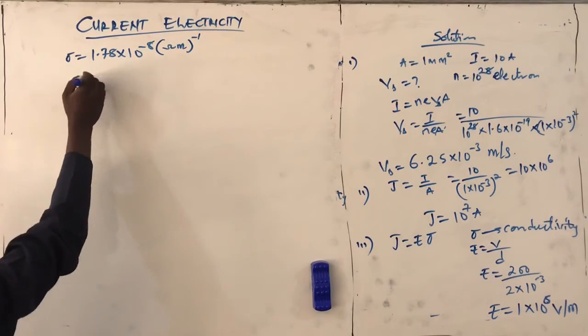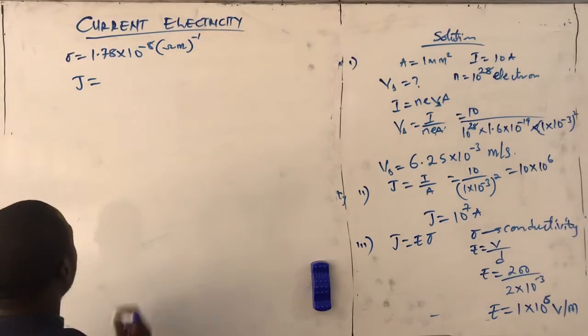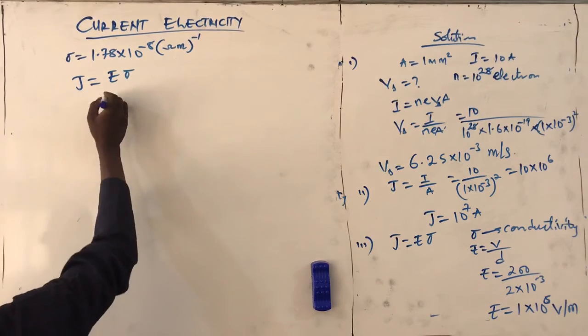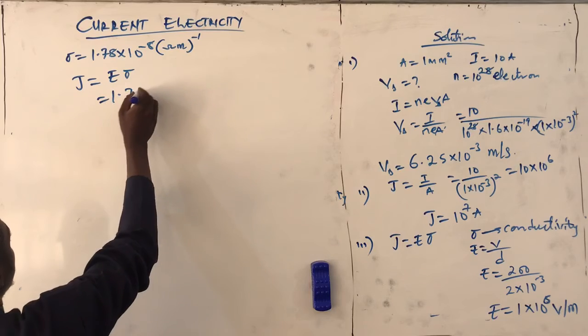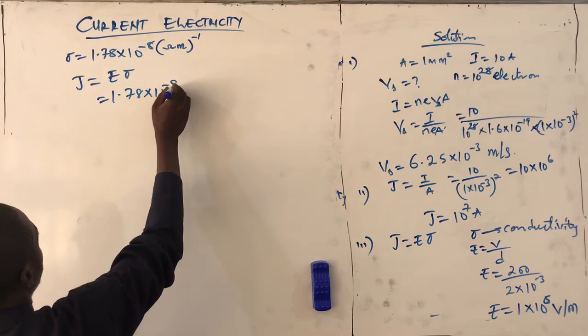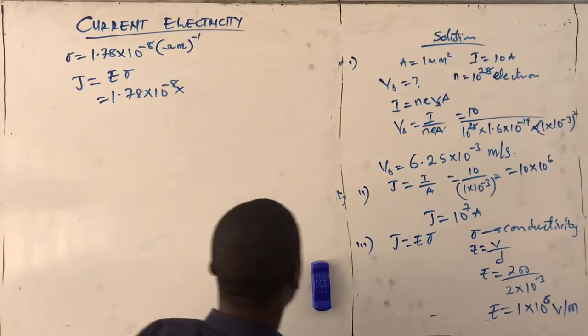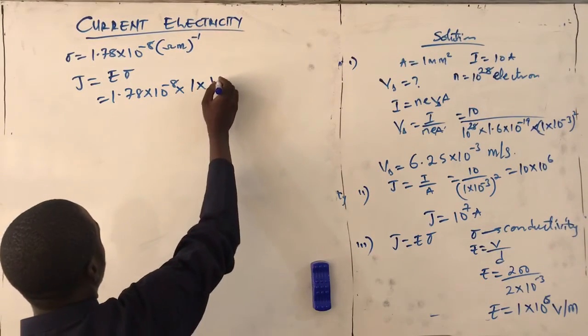Now the current density for copper will be equal to the conductivity times E, which is 1.78 times 10 raised to power minus 8 multiplied by 1 times 10 raised to power 6.